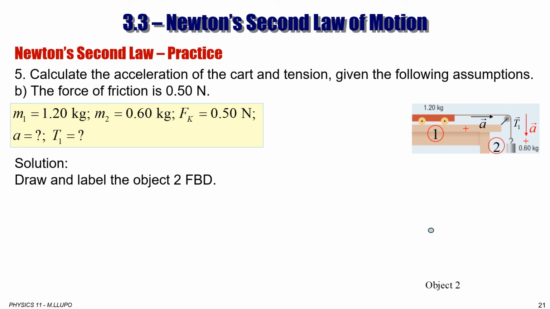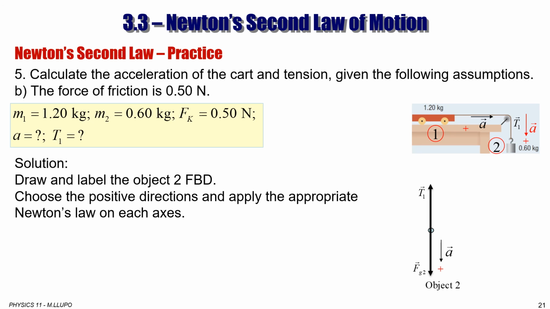We do pretty much the same way. So this object is not affected by friction at all. So everything that we did at A, it's at B as well. So Fg2, T1, direction of motion is down. That will be the positive direction.